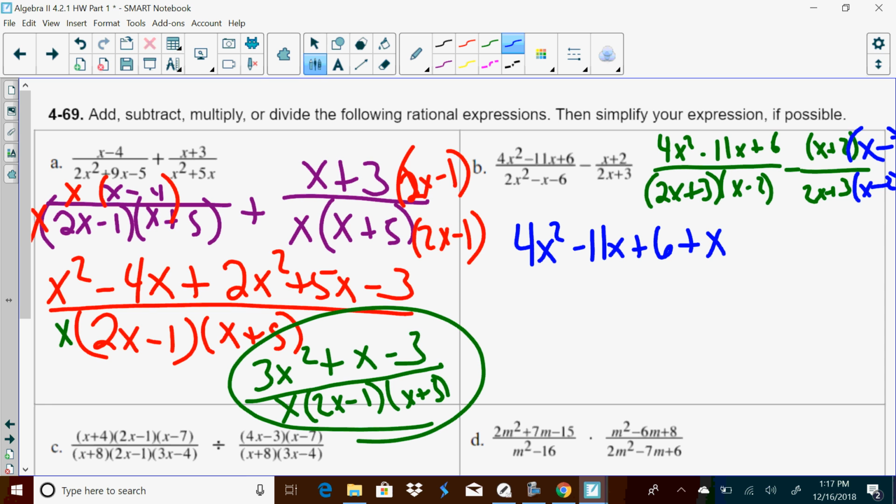So minus x squared minus 4, so this time it's going to be plus 4.